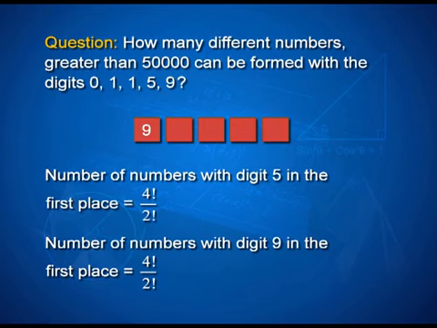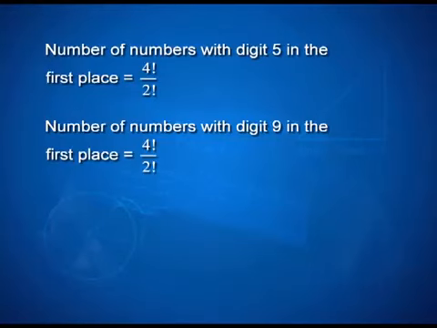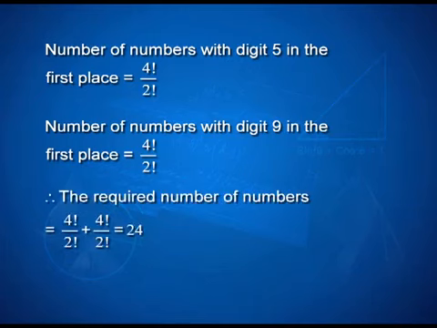So, the number of ways will be 4 factorial by 2 factorial. The total number of such numbers will be the sum of these 2, that is 4 factorial by 2 factorial plus 4 factorial by 2 factorial, which is the same as 24.